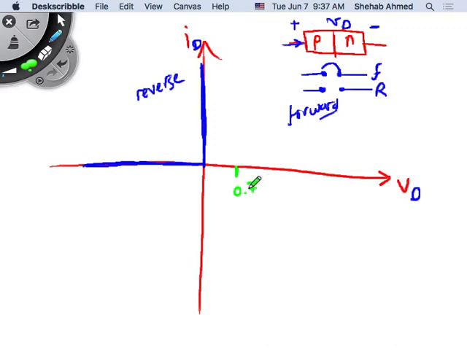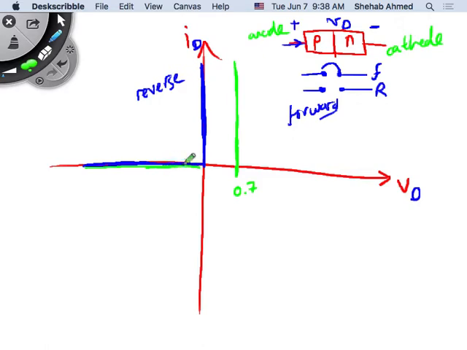We will assume that only when my anode versus the cathode is 0.7 volts higher will the diode start conducting. So this was my ideal characteristic, the blue. The green becomes what is called the constant voltage drop model of the diode.